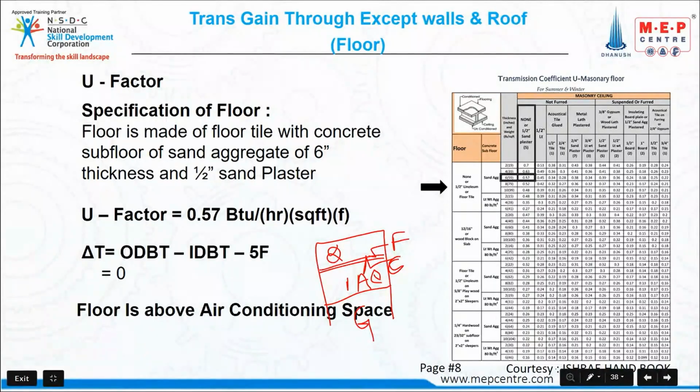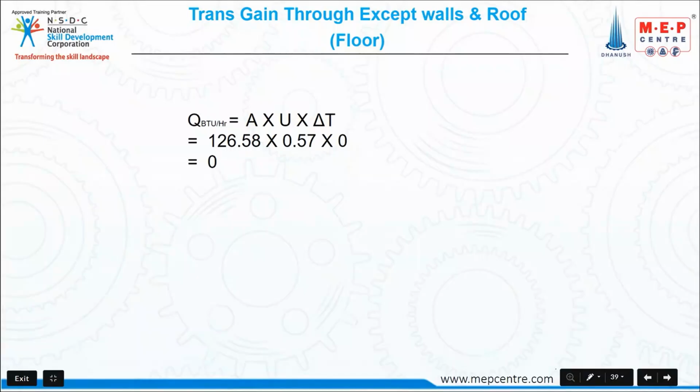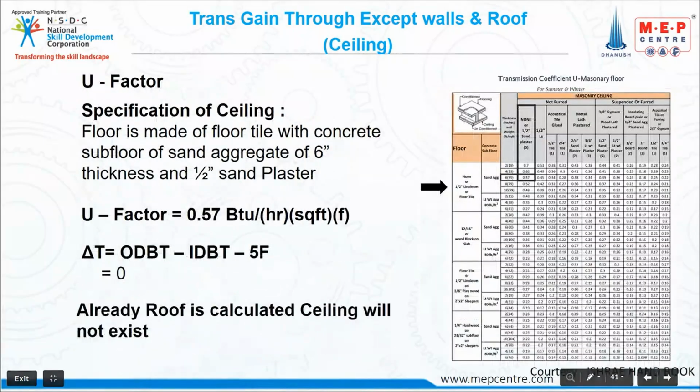Clear? Now here the ceiling will also be 0. The reason is that for the second floor we don't have a ceiling, we have the roof directly. So I am not calculating the ceiling, I am taking the ceiling value as 0.